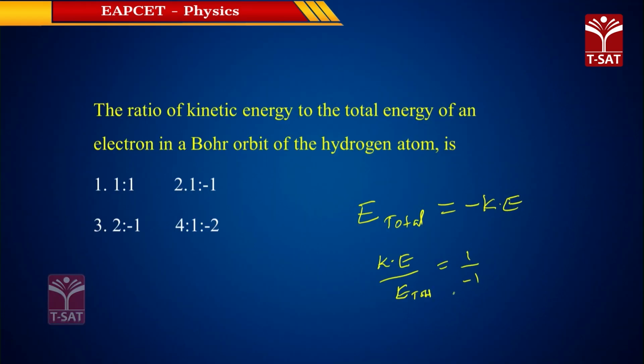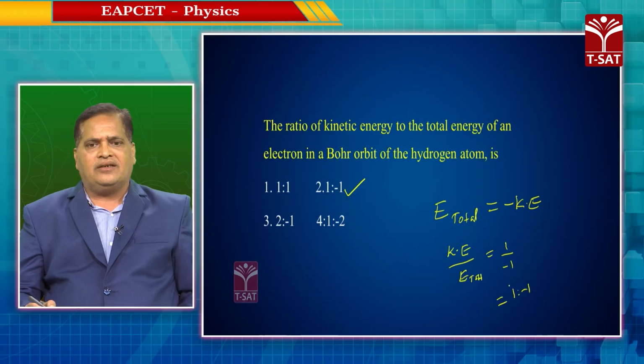Therefore the ratio is 1:-1. Here the second option. Total energy is negative and kinetic energy is positive, so total energy is equal to minus of kinetic energy. Therefore kinetic energy by total energy is equal to 1 by -1, therefore the ratio is 1:-1.